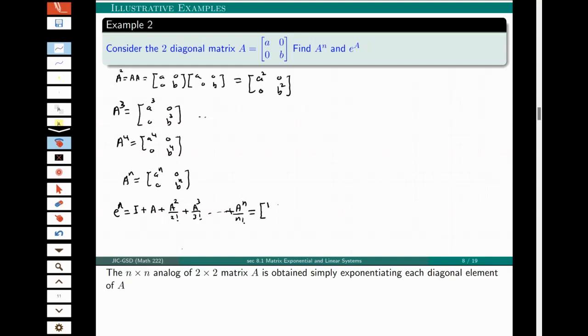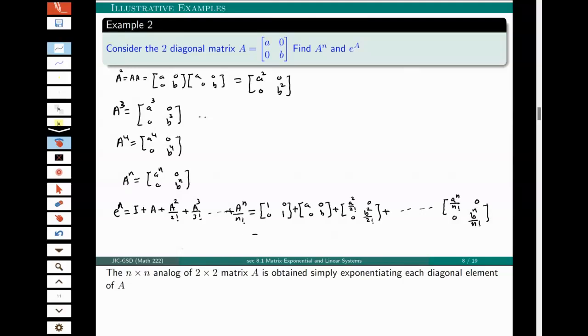Which means I will have 1 0 0 1, then here a 0 0 b, then here a squared over 2 factorial, 0, and then 0 b squared over 2 factorial. And we will end up with a to the power n over n factorial, 0, 0, and b to the power n over n factorial.